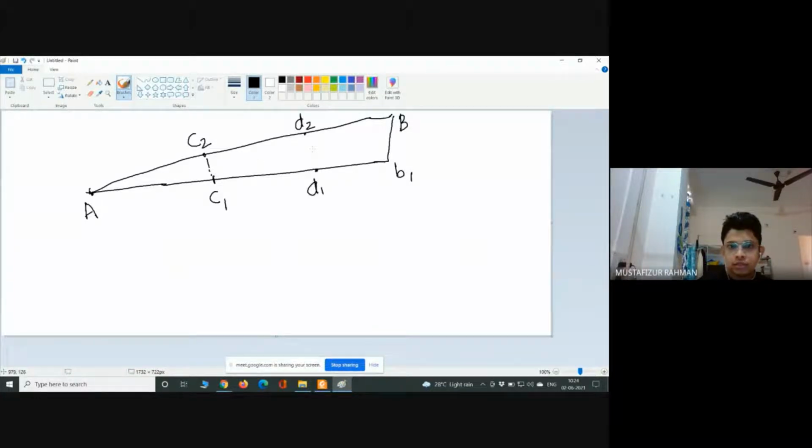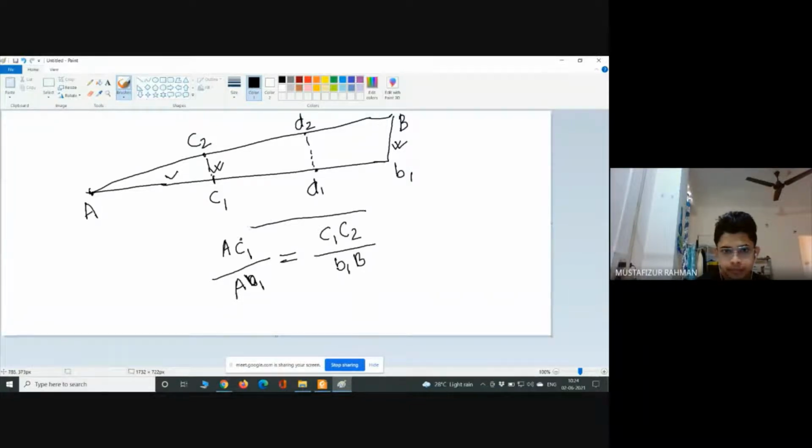From here, if we take this triangle and the bigger triangle, we can write AC1 divided by AB1 is equal to, again similar sides, this side and this side, C1C2 by B1B, right? So writing this type of similar triangle conditions, we can find out these values C1C2 that we require.